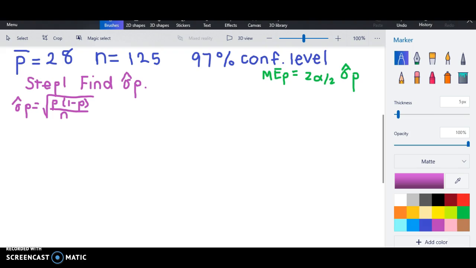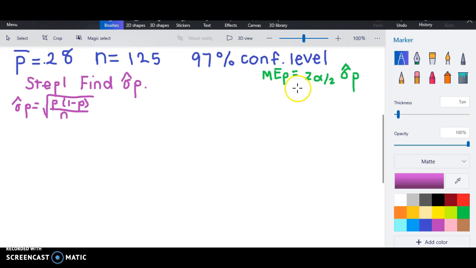Okay, so I have written down our information. We know that the sample proportion is, I believe that was 0.28, and N equals 125, and we have a 97% confidence level, and we're trying to find the margin of error.